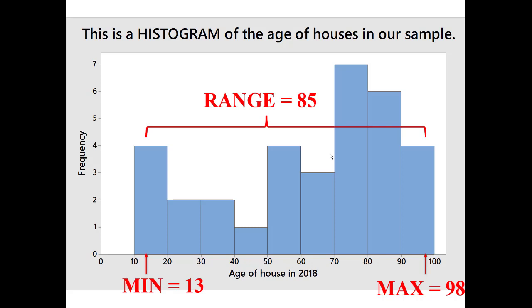And if we had one that was 100 years old, it would technically go in the bin over here where my mouse is moving. But we don't have any houses that old. So here we see the range. When I was going on about the range, this gives you a sense of it. So 85 years is the range. It's the difference between the oldest house and the youngest house.